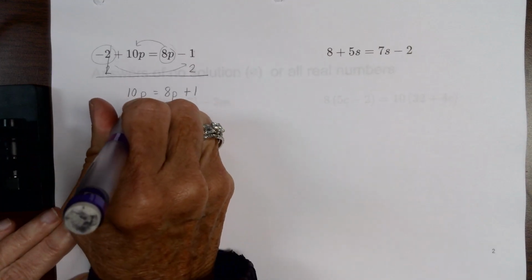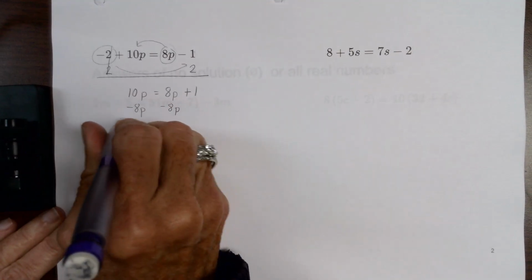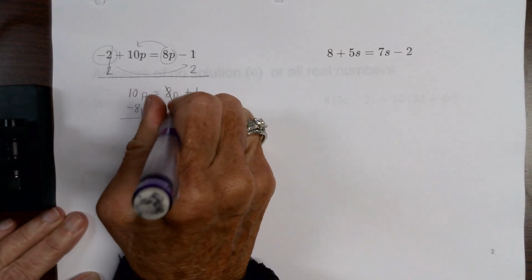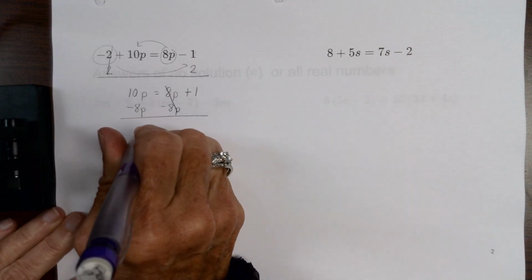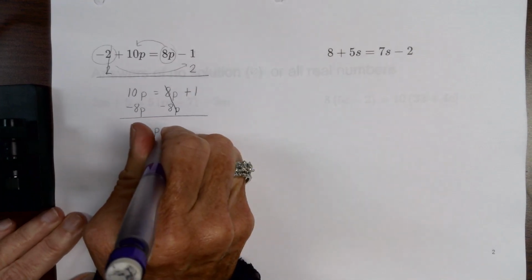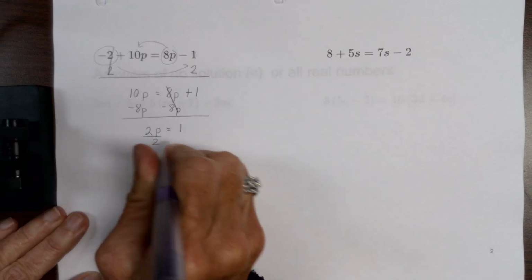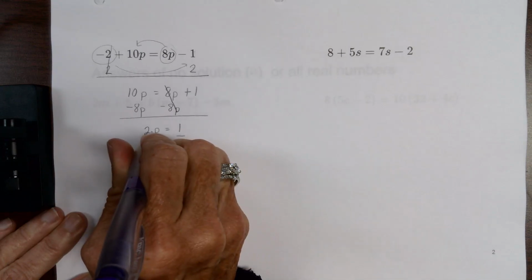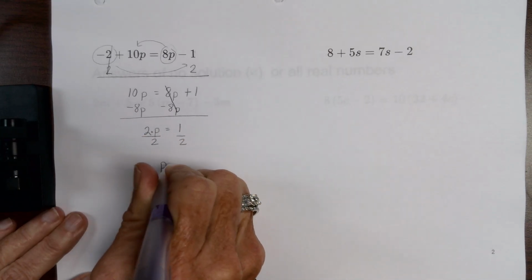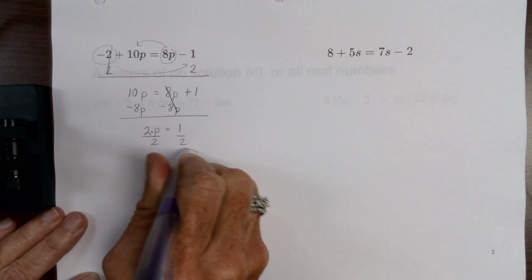I want to add a negative 8p or subtract the 8p. Those go away. I'm left with 2p is equal to 1, so I'm going to divide both sides by the 2 because the 2 is multiplied by the p, and I'm going to get p is equal to 1/2.